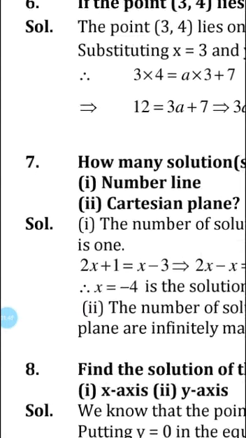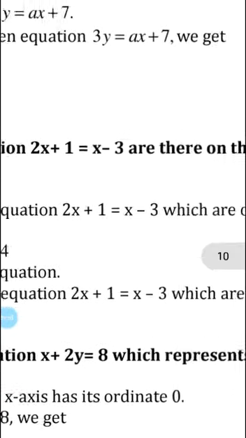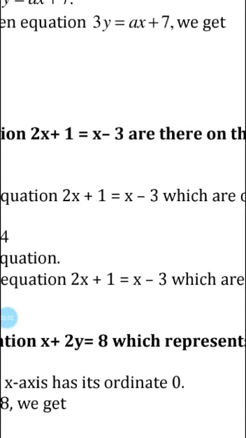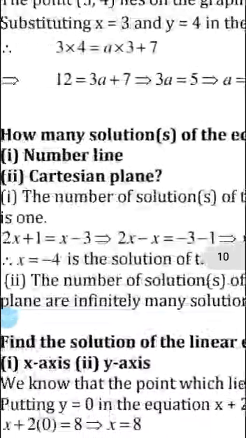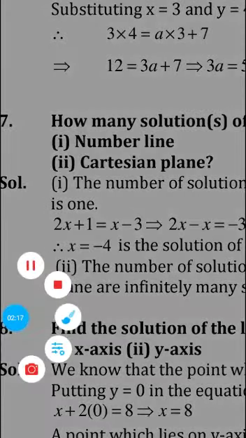Now see, this is an important question. How many solutions of the equation 2x plus 1 equals x minus 3 are there on the number line? So see, the number of solutions of the equation 2x plus 1 equals x minus 3 on the number line is 1, because if we calculate, this x will come to this side.